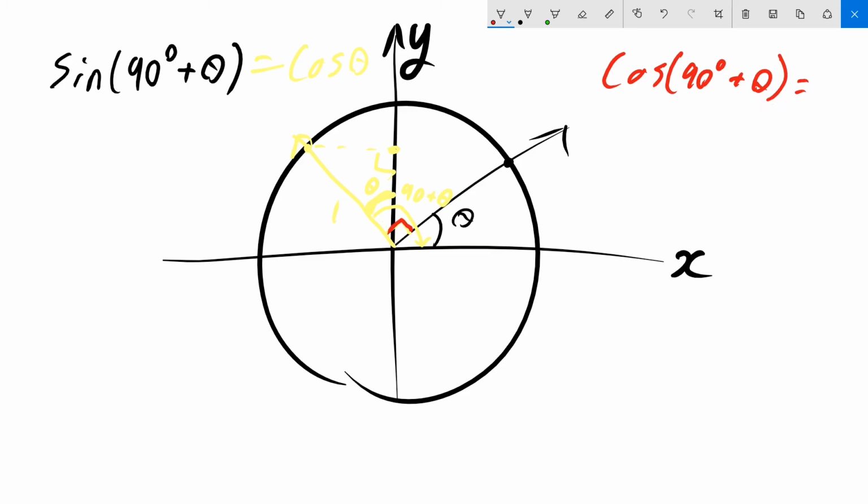We know that's 90. We know that this is theta here. And what we want this time is the x value of this particular point. That's the same as this line here. And we can say that that's the opposite of theta. And we can now say that this has to be equal to sine theta.